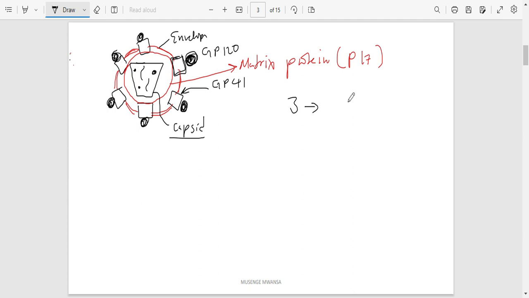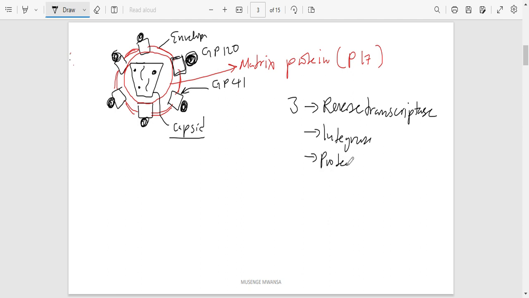The first one is called reverse transcriptase. The next one from these three proteins is called integrase. And then the other one is called protease.